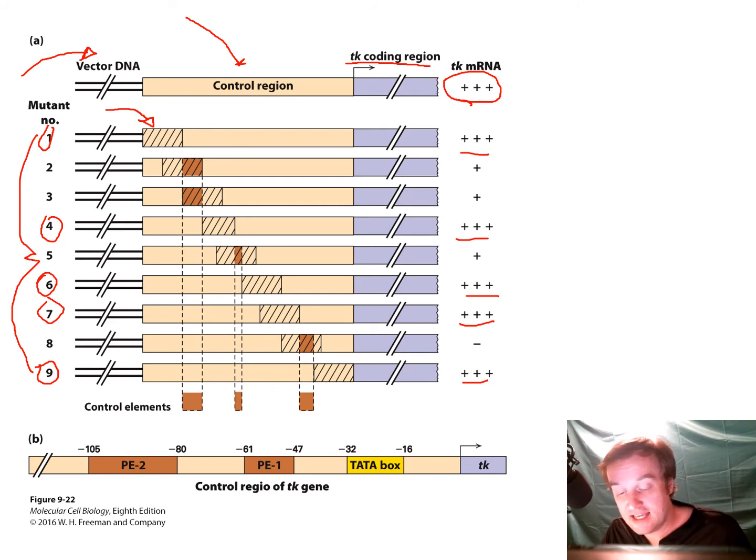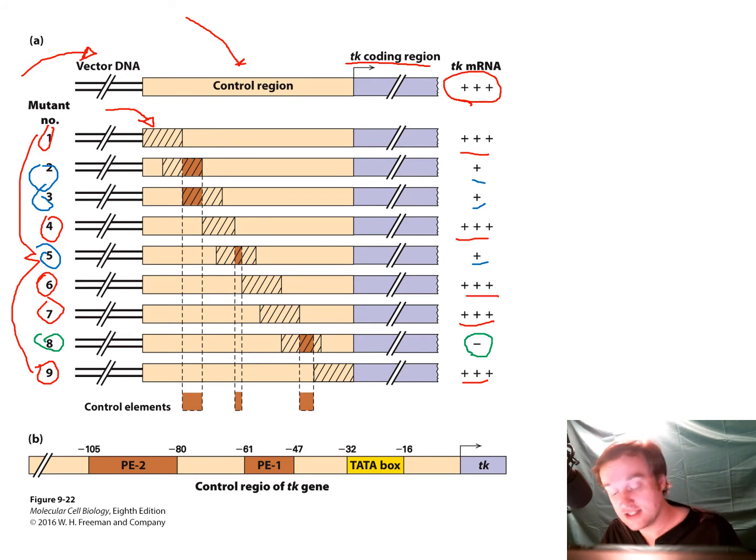However, in mutants number 2, 3, and 5, we have greatly reduced expression. We've turned down how many of those mRNA transcripts are made, but we haven't shut it off. Lastly, in mutant number 8, we have completely stopped transcription of that gene.